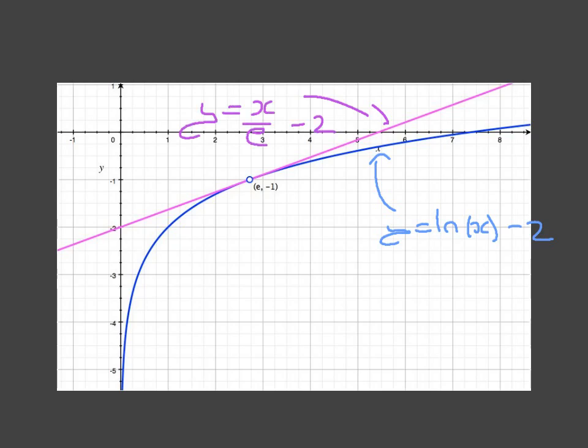And we can definitely see here that the line and the curve touch at the point that we were interested in, which was e, negative 1. And it's quite clear looking at this that at that point both the line and the curve have the same gradient, or same slope. So looking at this graph, we can be quite certain the result we found is correct. And there you have it. We found the tangent to this curve at the point e, negative 1.